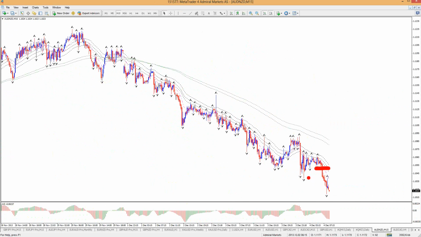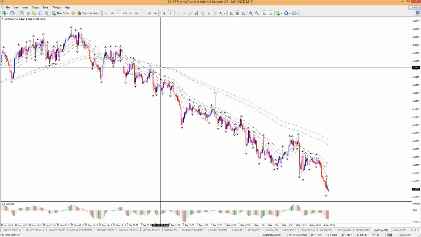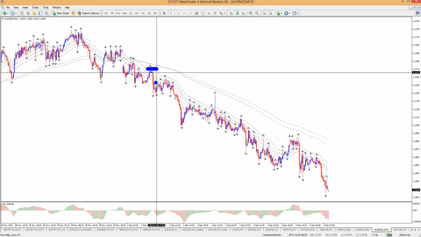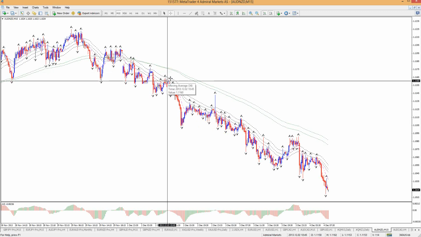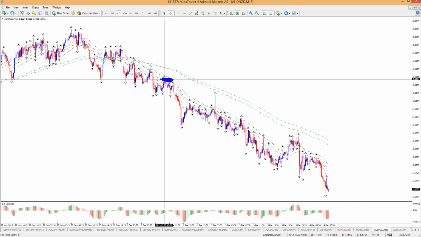We had one here. Let's start from the top. We had one here and here. Let's take a look at those. This one with the first red line probably got stopped out early, though. No. 5 pips survived this. Survived this pullback as well.